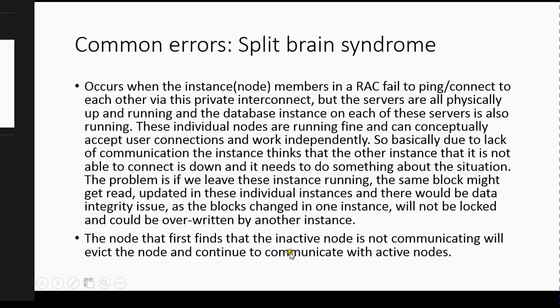Exactly, and this is a very important point. The reason why the node has to be evicted, this is the way to explain it: the problem is if you have instances running, certain blocks might get read and updated by these instances, and there will be data integrity issues.